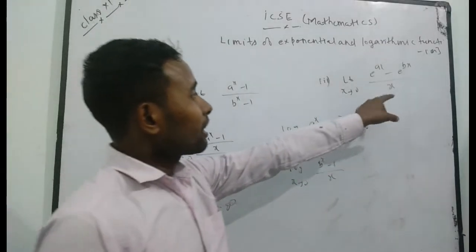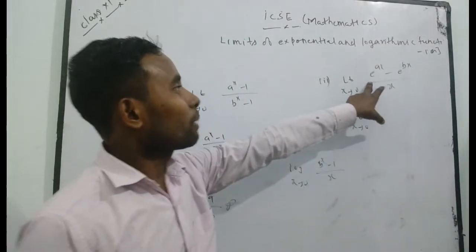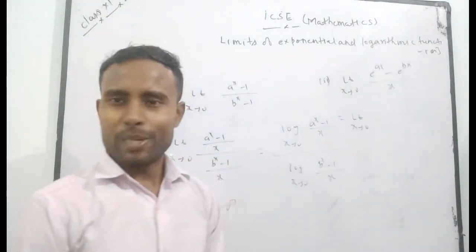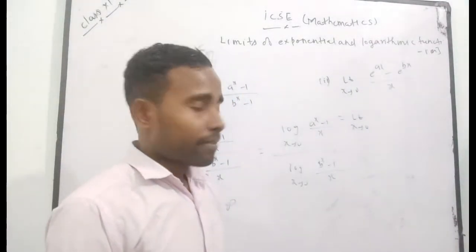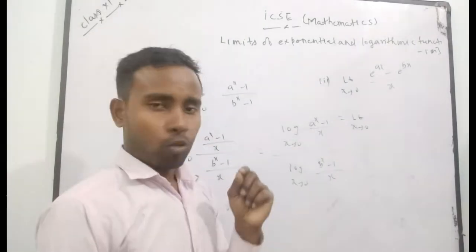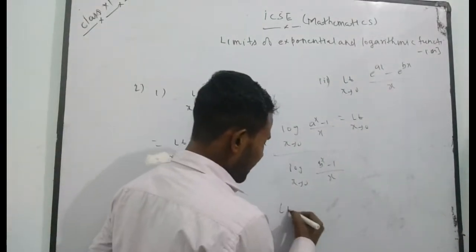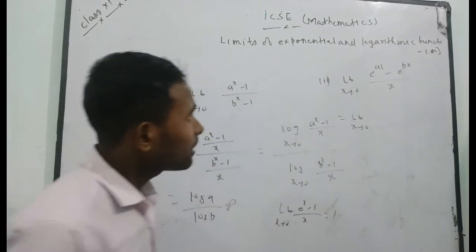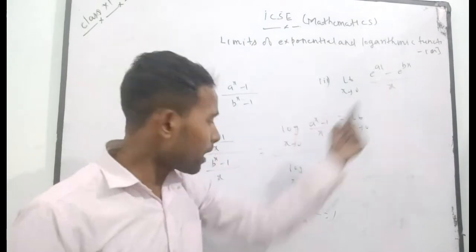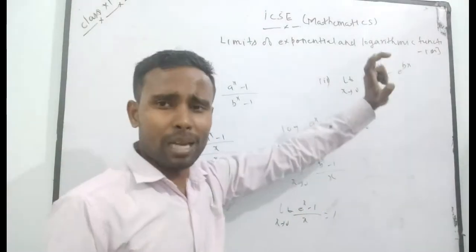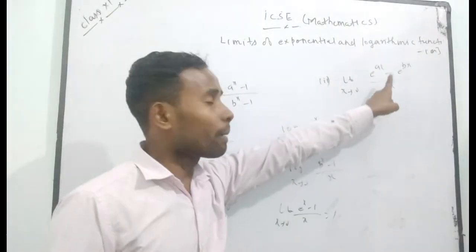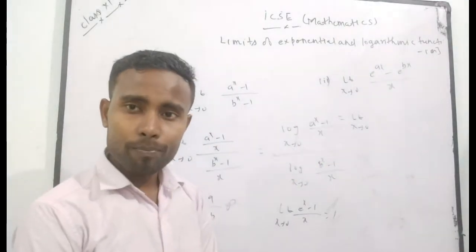Firstly, if you put x equal to 0 in e to the power ax, it becomes 0 by 0, which is an indeterminate form. Definitely, see the formula: limit x tends to 0 of (e to the power x minus 1) by x is equal to 1. But there is no 1. E to the power ax is available, which means the form e to the power something is available, but 1 is not available. I want to tell you how to write it.